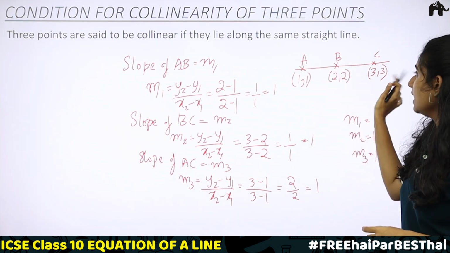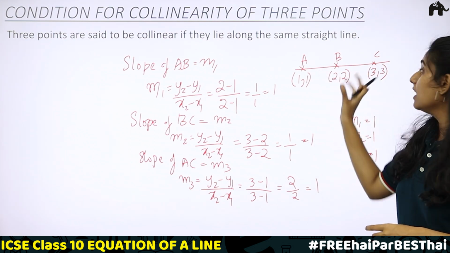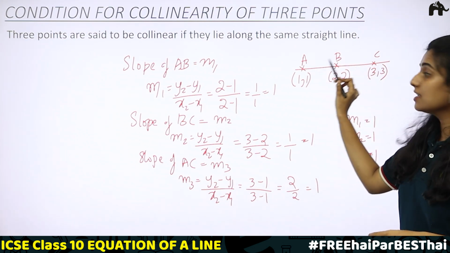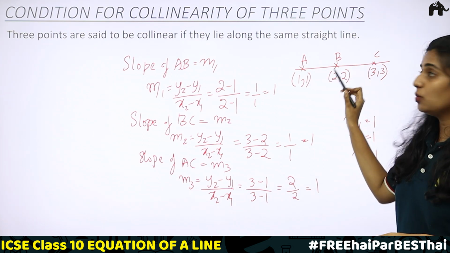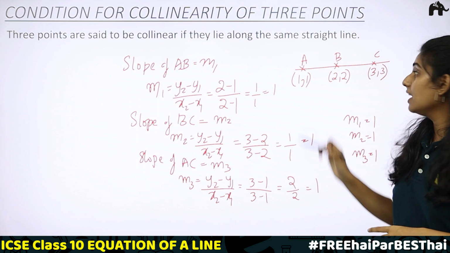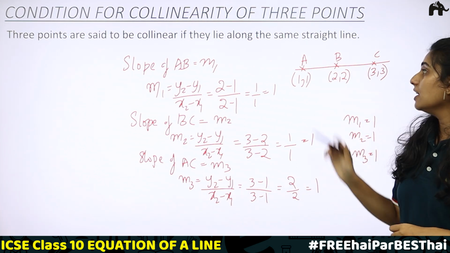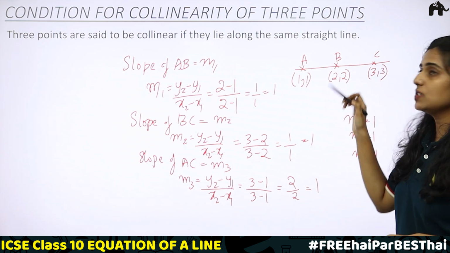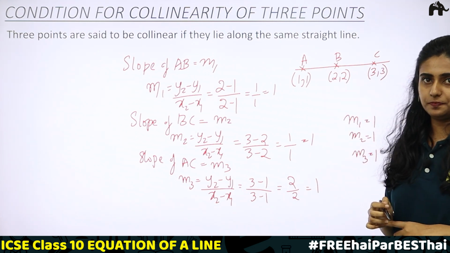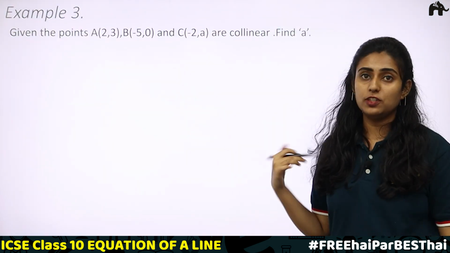In any case, the slope of any 2 points will be equal to the slope of the other 2 points when these points are lying on the same straight line. Clear? So, these 3 points are called collinear points. Collinear points are points which lie on the same straight line. Understood? Let us take an example related to collinear points.